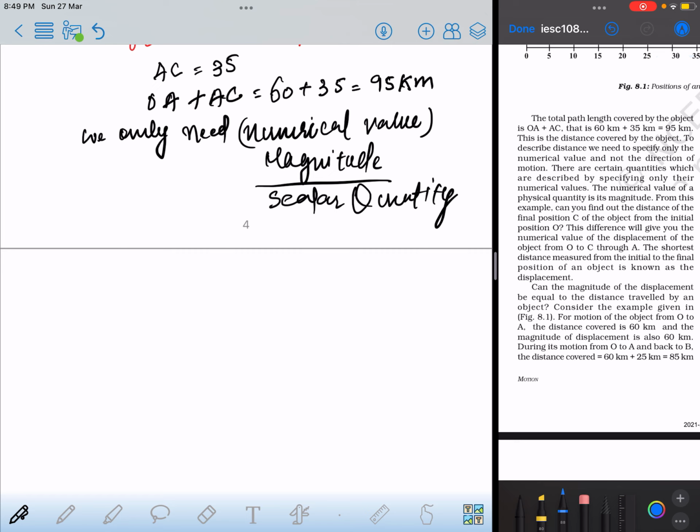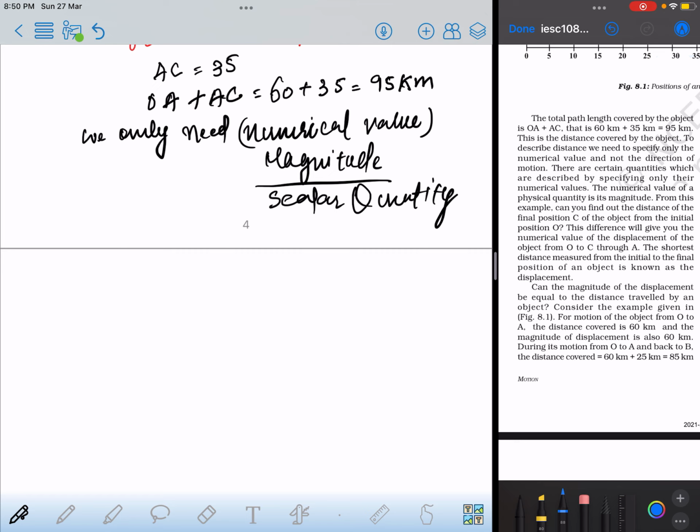There are certain quantities which are described by specifying only their numerical values. The numerical value of a physical quantity is its magnitude. So the quantity having a magnitude only, but not a particular direction.